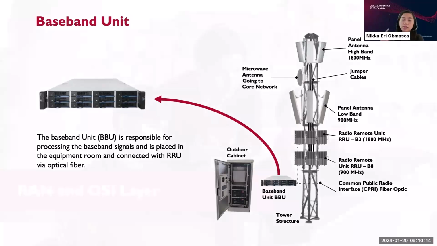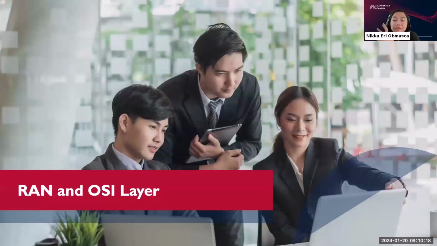Okay. So the radio access network is often divided into different layers. Each layer is responsible for different functions or aspects in the system. And one of the common ways to conceptualize these layers is through the OSI, or the Open Systems Interconnection Model.